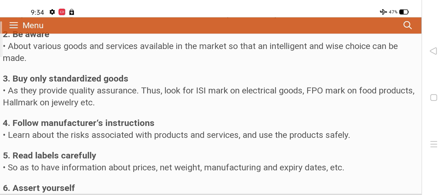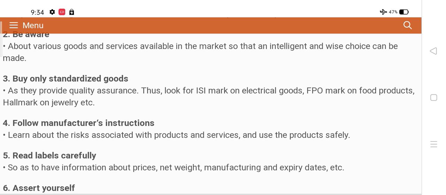ISI mark is a standard product. Then if a consumer is buying a fruit product, he should see the FPO mark. If a consumer is buying jewelry, he should see the hallmark. All these prove that the goods are standardized.